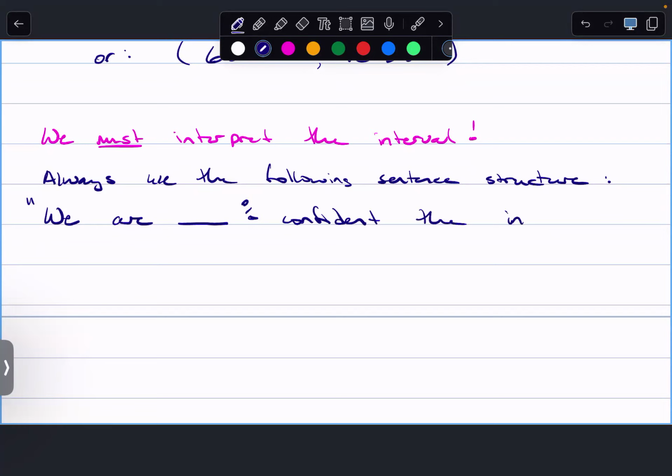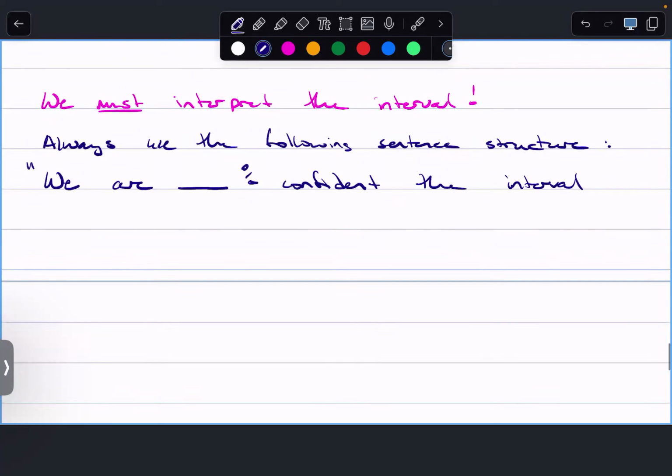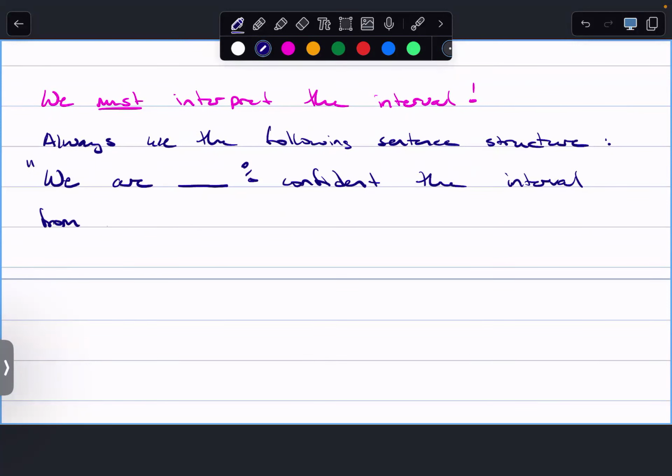the interval from blank to blank, and then arguably the most important word here is captures. Captures, and kind of confusingly, blank. Captures what?